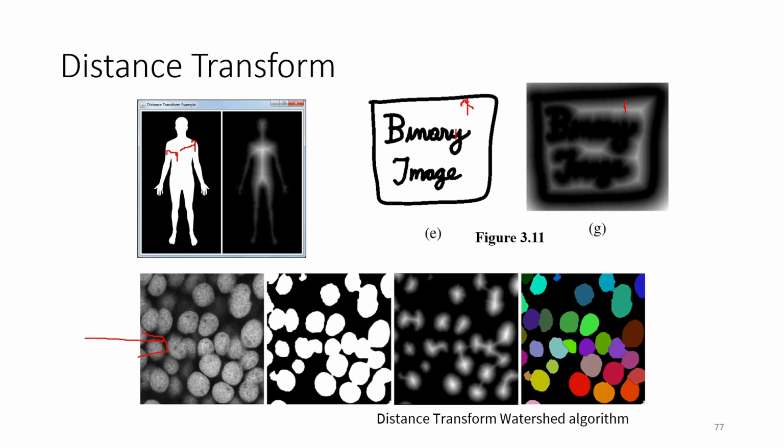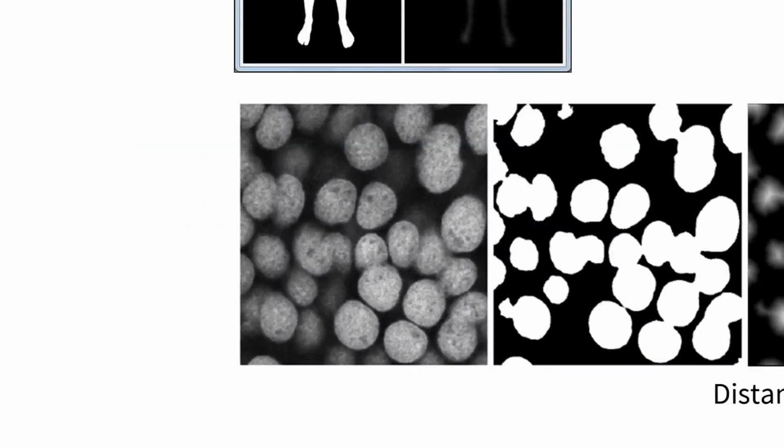Let's explain it. First, you do some binary operation. The easiest one is to set a threshold and only keep the brighter region. However, you will have a lot of holes, right? If we enlarge this, you can see there are many dark spots on each cell.